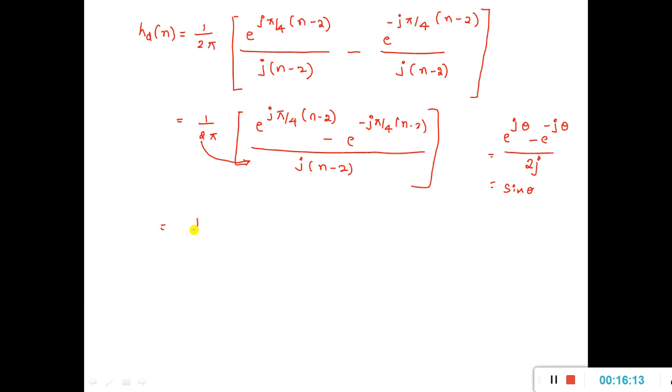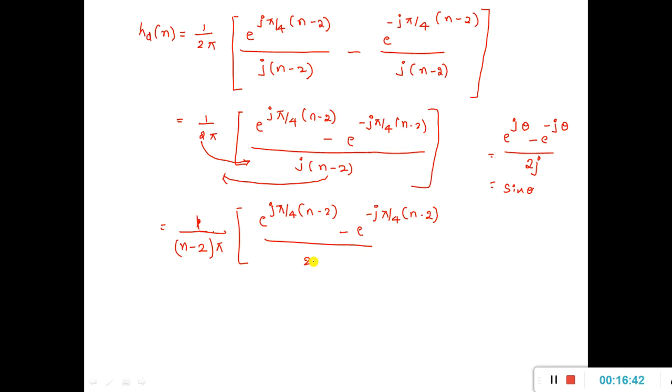So I will take 1 divided by (n minus 2) outside, I will take pi outside, and put 2 inside the bracket. Therefore this will be e to the power of j pi by 4 (n minus 2) minus e to the power of minus j pi by 4 (n minus 2), whole divided by 2j.